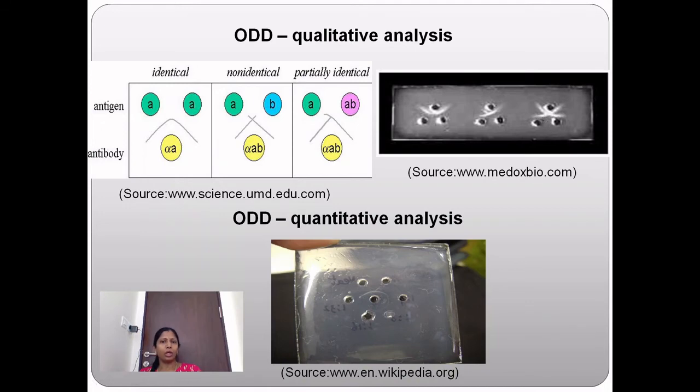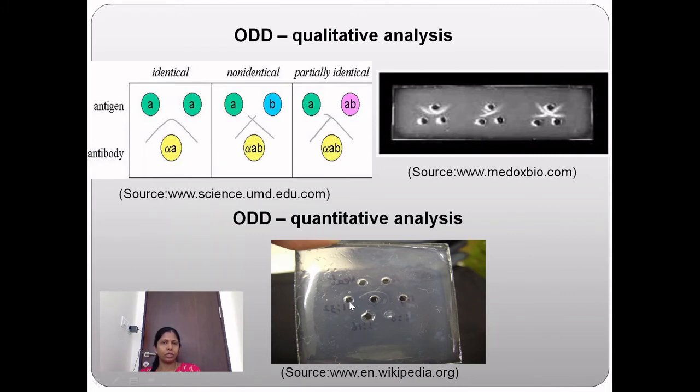Quantitative analysis also can be performed using the Ouchterlony technique, in which case the gel is cast on a square glass slide with a central antibody well and a ring of equidistant, equiradial wells with antigens.